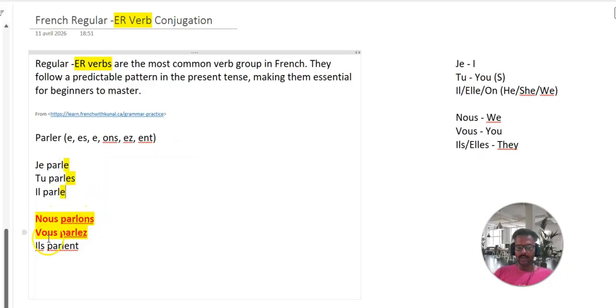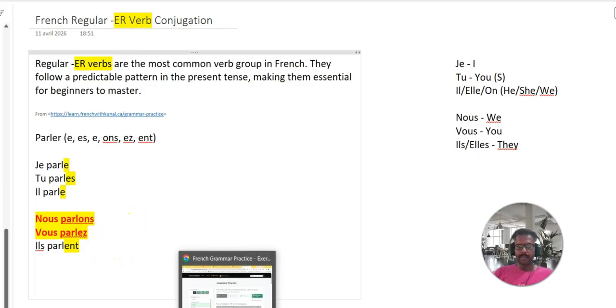But nous parlons, vous parlez, ils parlent. So that's something you have to take into consideration. When you write it down, you have to write these endings. But when you speak them, you have to omit the last letters of je, tu, il, and ils, they. Ils parlent.